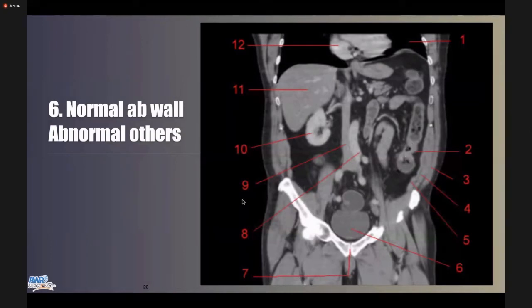So while your abdominal wall may be a normal thing on your reading, don't forget to look at the organs that the abdominal wall houses, because they belong to the same patient. You're not paid to just look at the abdominal wall.